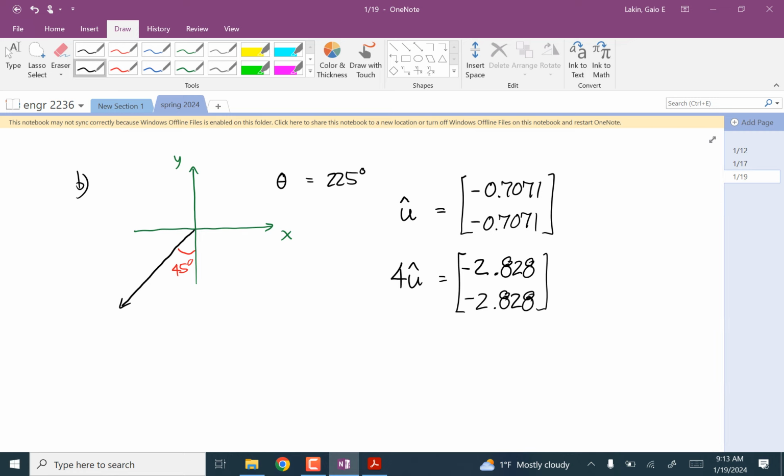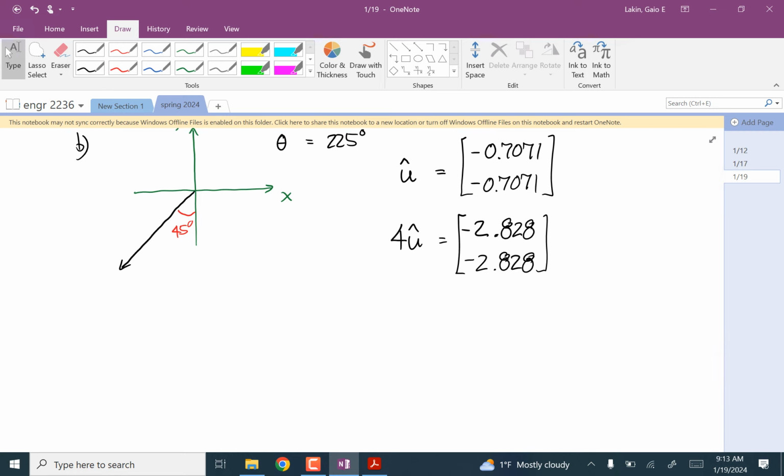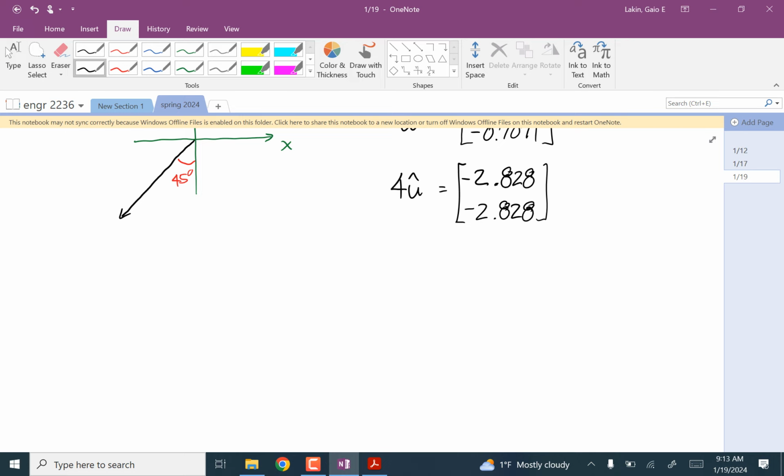So now we're going to... we've talked about vectors, talked about differential equations and stuff. So now we're going to get into the first topic of dynamics.